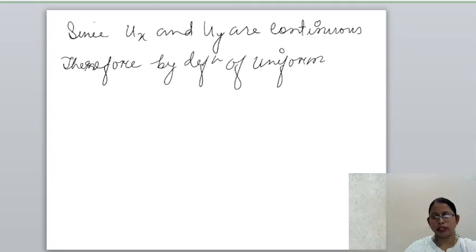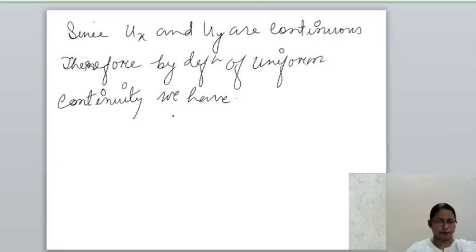Therefore, by definition of uniform continuity (DEFN stands for definition), we have: ux and uy are continuous in domain D.